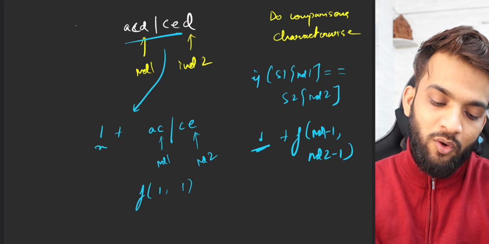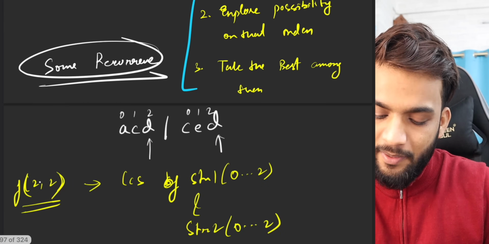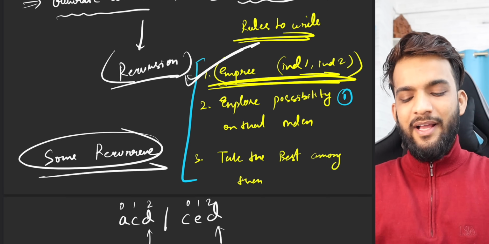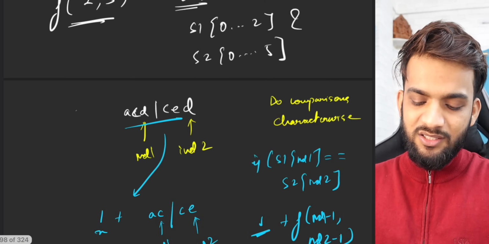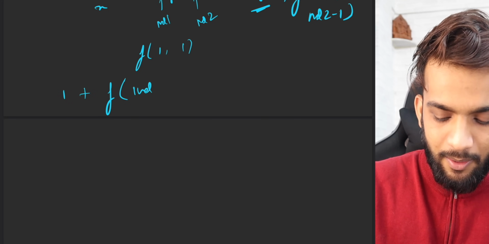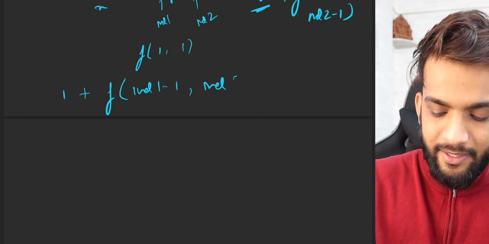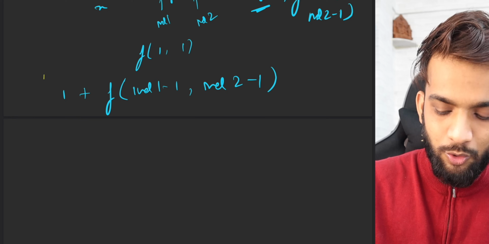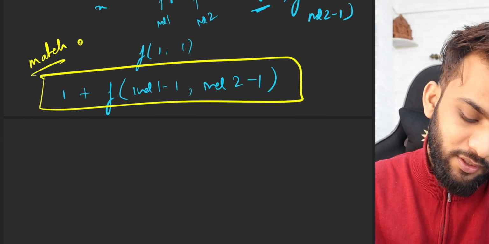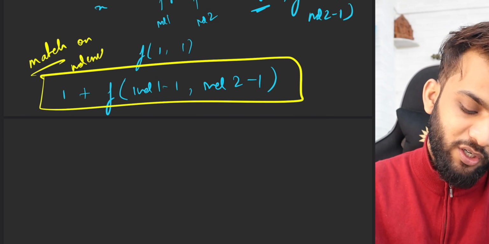So we have done one possibility over here: if both of them are matching, it's very simple enough. You say 1 plus f of index 1 minus 1, index 2 minus 1, and that's going to be the case if they match on indexes.